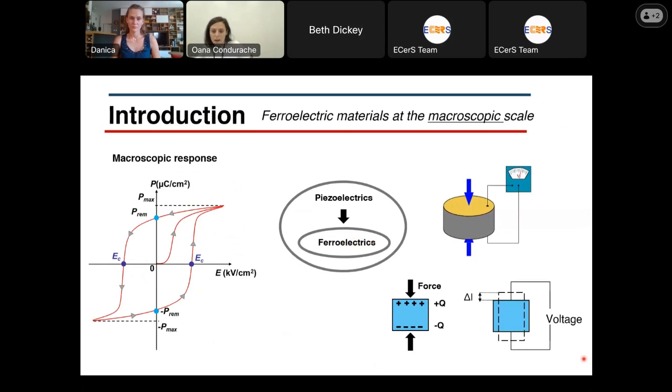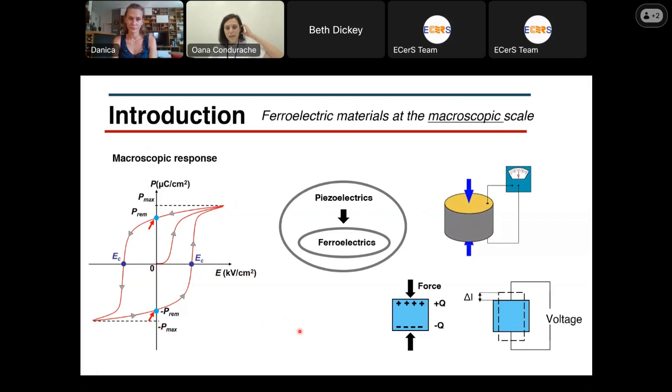Now, ferroelectrics are a large class of electroceramics, and their macroscopic fingerprint is this nonlinear and hysteretic response of the polarization as a function of the electric field. There is a spontaneous polarization even in the absence of the electric field, and this spontaneous polarization can be flipped.